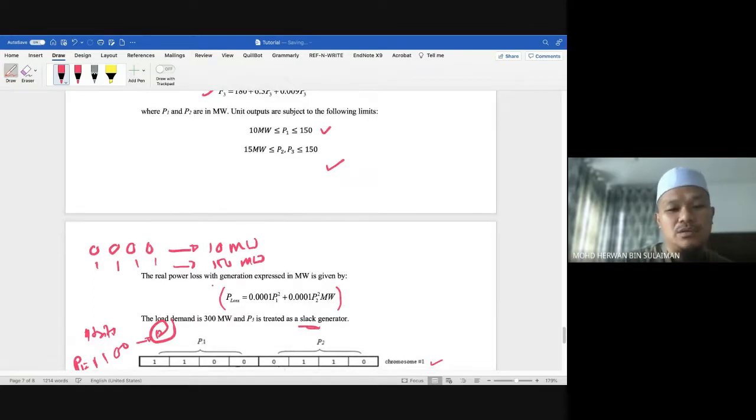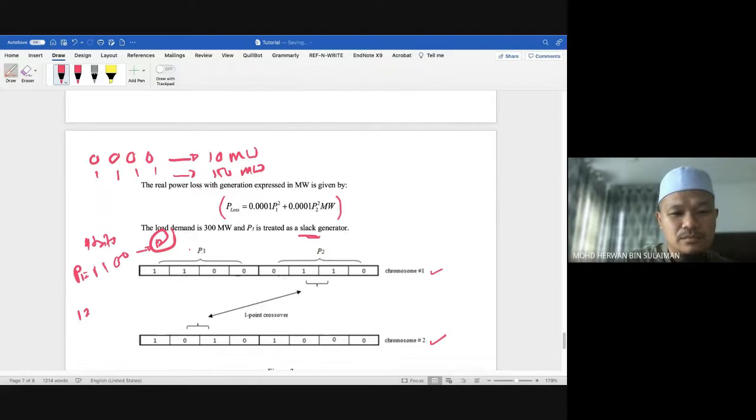Now our solution is 1100, so this one is 0, and this one is 15.